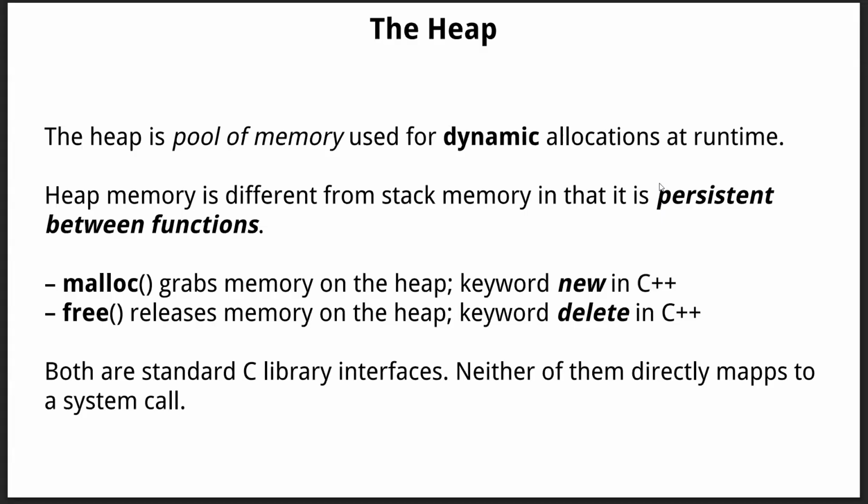They're not really the same thing. When that function returns, that stack frame is recycled. ESP, RSP will move from a lower address to a higher address, so the stack memory is basically recycled. Those local variables are not really persistent between functions.